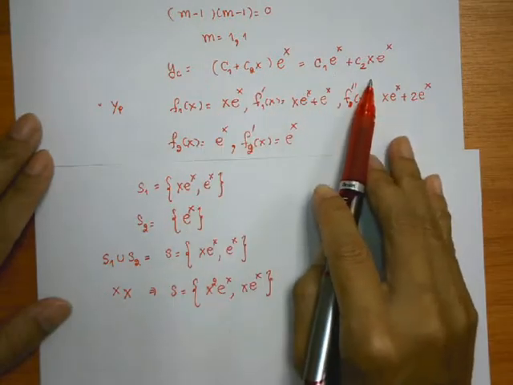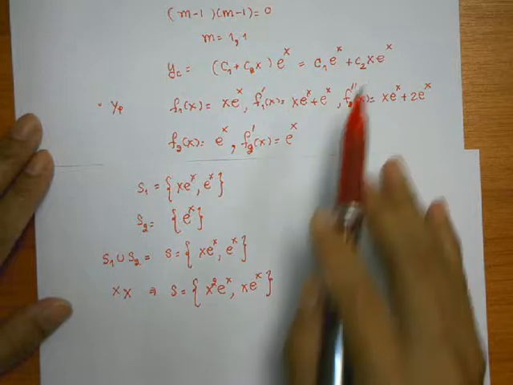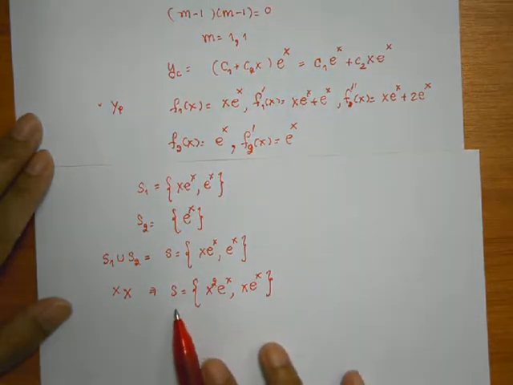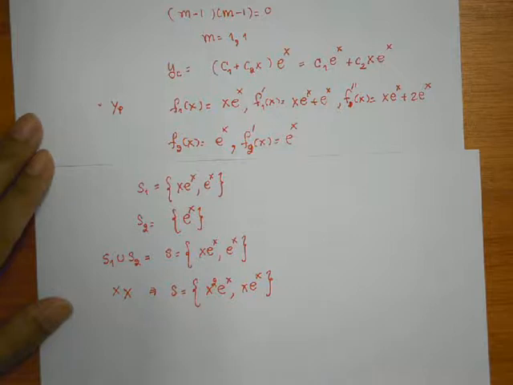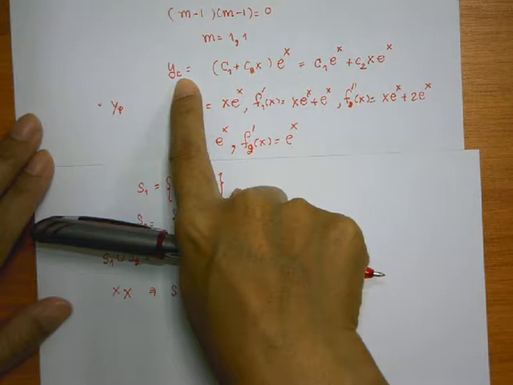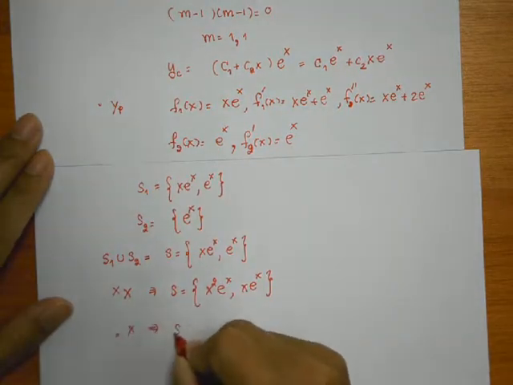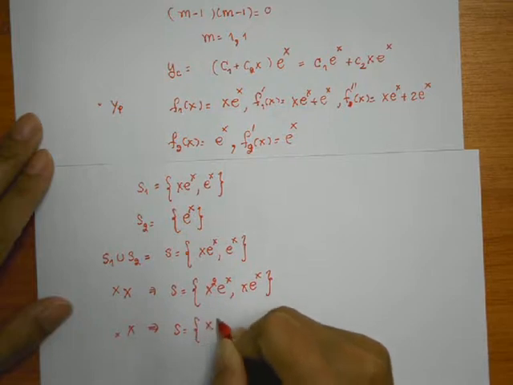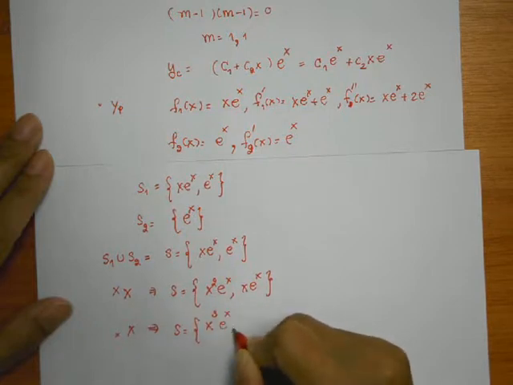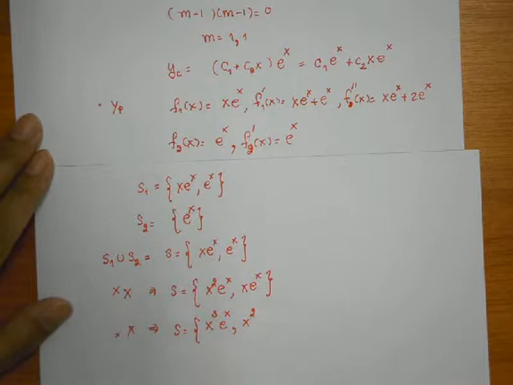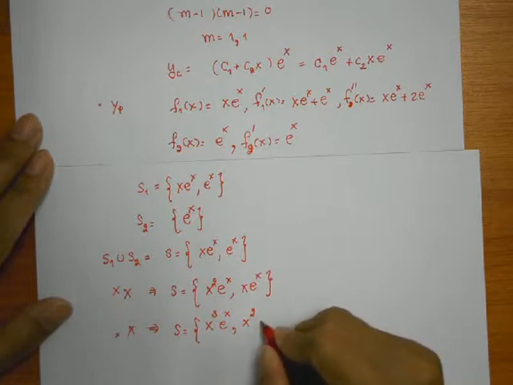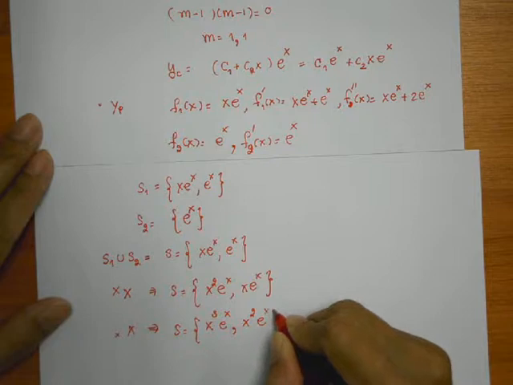If it is still the same, multiply the functions inside S by x again. You have to repeat multiplying by x until no function in here is repeated with a function in yc. So we multiply by x again. We get our new S, which is x to the power 3 times exponential of x, and the second function is x to the power 2 times exponential of x.